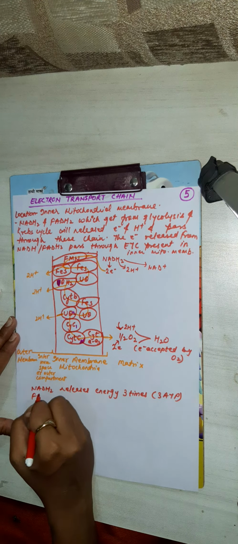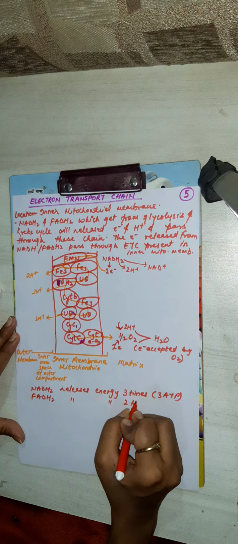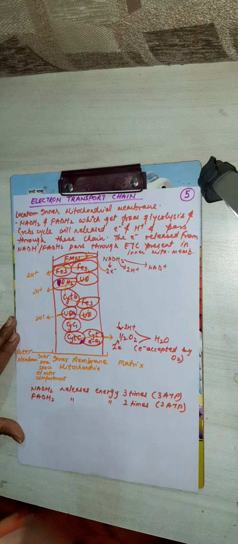In the case of FADH2, it releases energy 2 times, so 2 ATP. And one thing more, energy is released here 3 times, and where energy is not released, it is divided into 4 complexes.